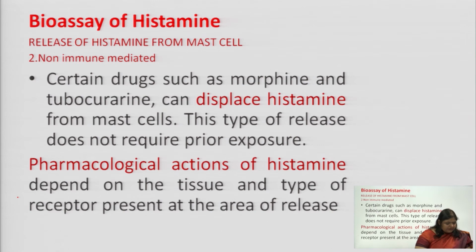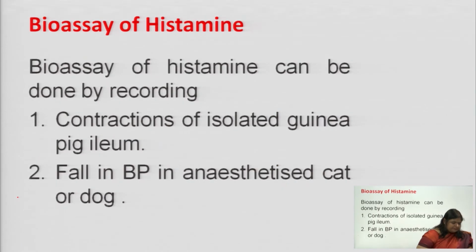And the pharmacological actions of histamine depend upon the tissue and the type of receptor which is present in the area of the release. So we have various receptors H1, H2, H3 and H4. Allergic reactions are mediated through H1 receptors.